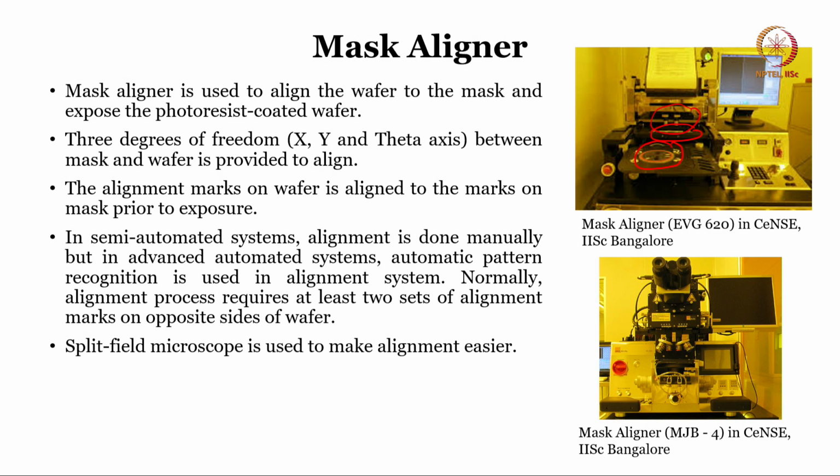This is another one, which is MJB4. Here is a stage for aligning the wafer and the mask, and we will see an example of how the mask and wafer are aligned to expose the wafer and get the desired features from the mask onto the wafer.